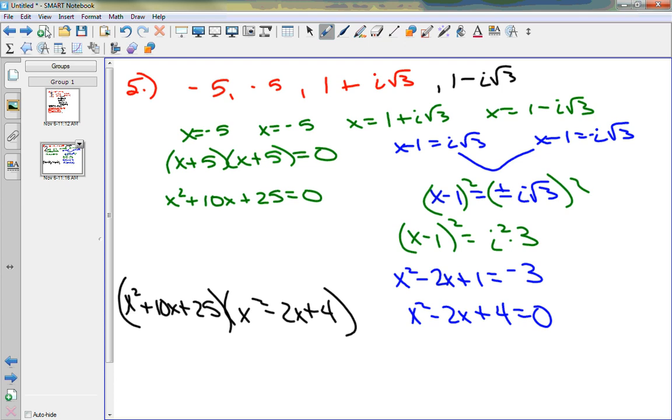Okay. On the back, any questions on the back? Oh, no. That's because you're trying to add 3 plus 10i here, and 3 plus 10i is not 13i.